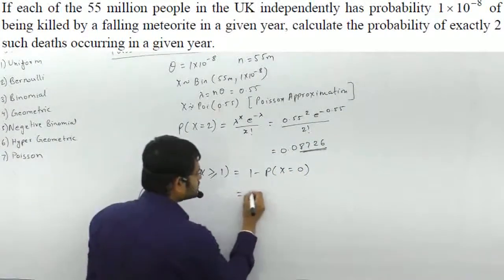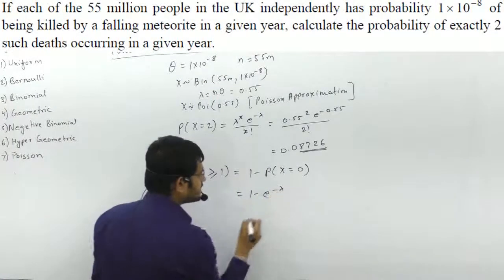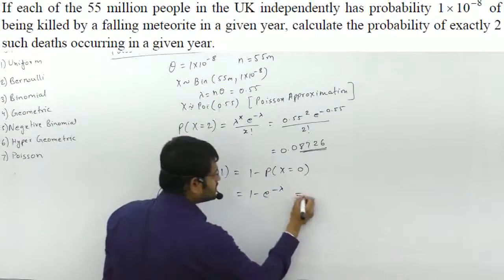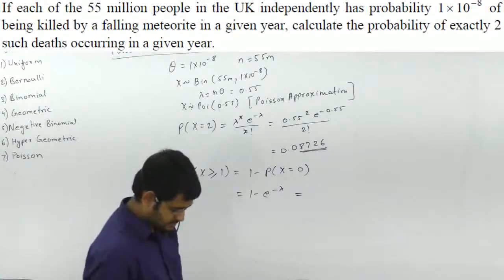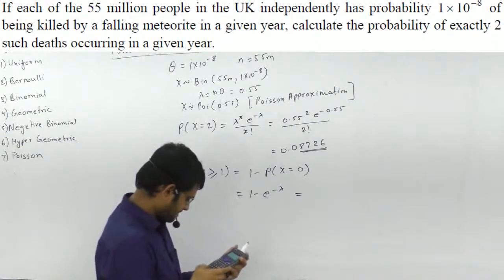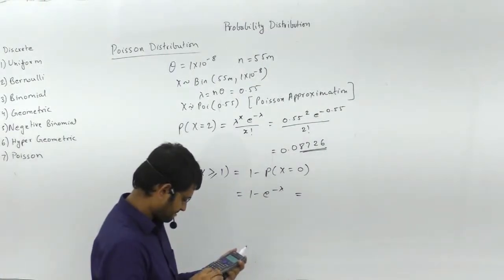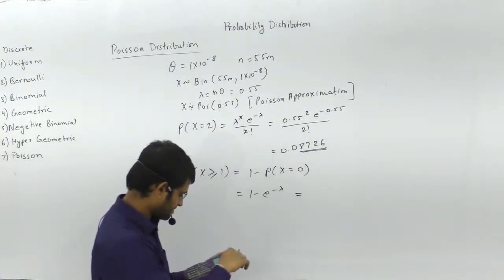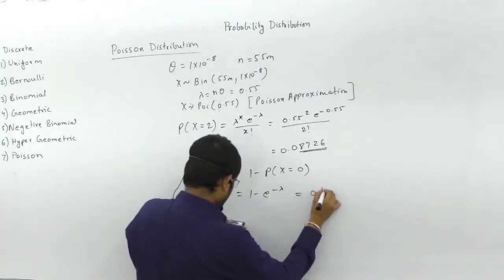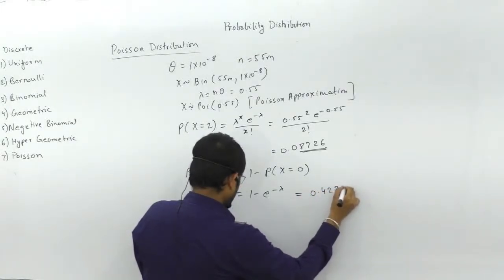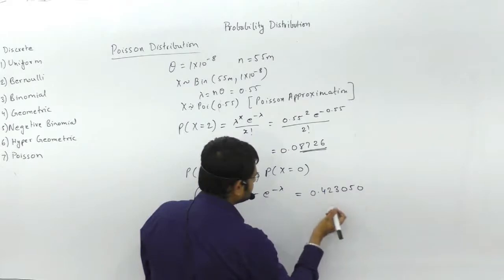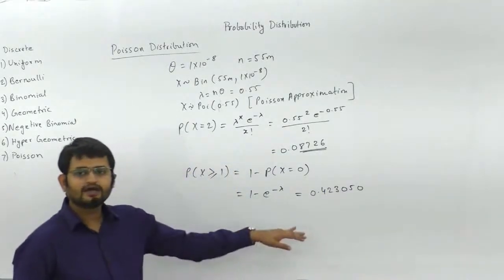So for that, it is going to be 1 minus e raised to minus lambda. That is going to be nothing but 0.423050.